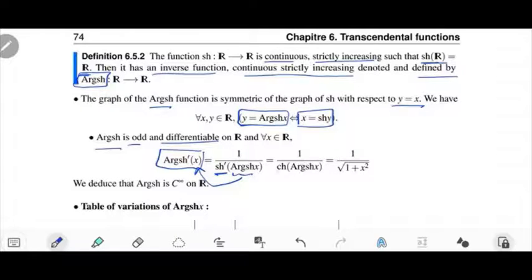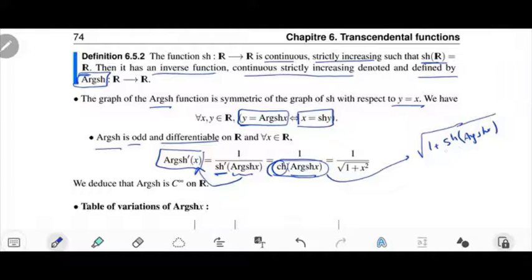So it's 1 over the derivative of sh, which is ch at this point, and then ch of arg sh x is equal to the square root of 1 plus sh squared of arg sh x, and sh of arg sh x is equal to x.